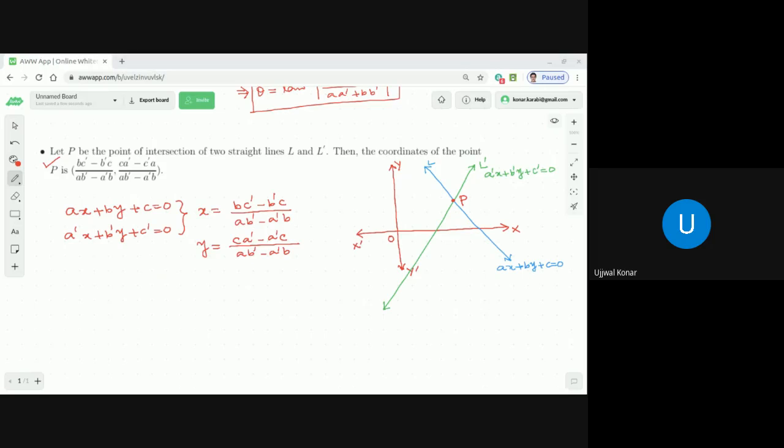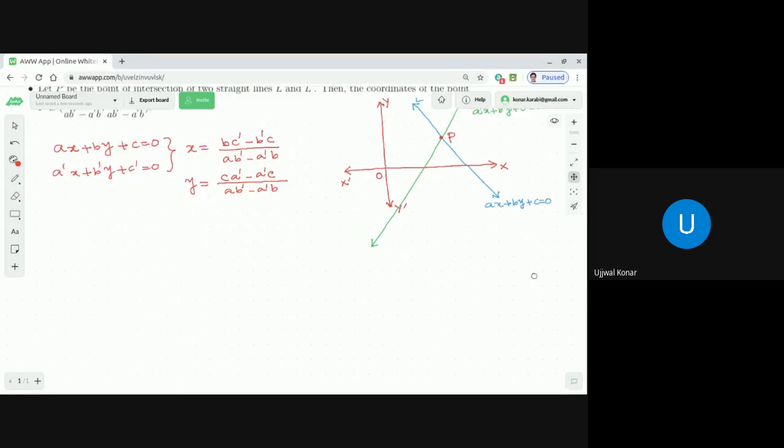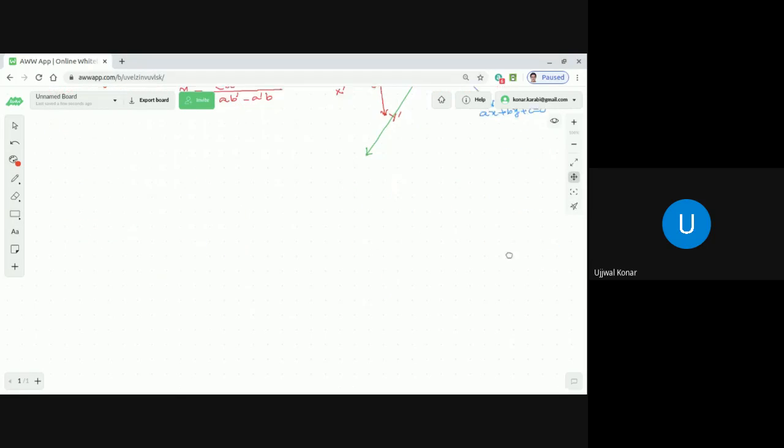Okay, now what we are going to discuss, dear students: suppose there are two straight lines L and L dash. Passing through their intersection, you can have many straight lines. What I wanted to mean by this is something like this, so let me discuss it on the next page. Let me draw the coordinate axes first.